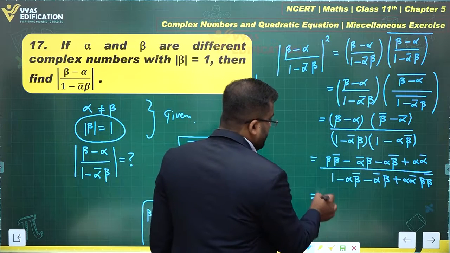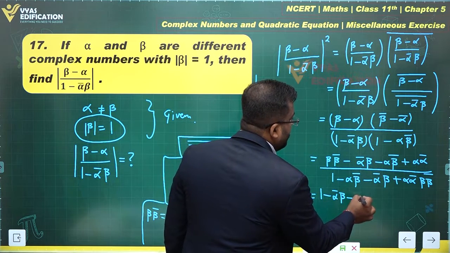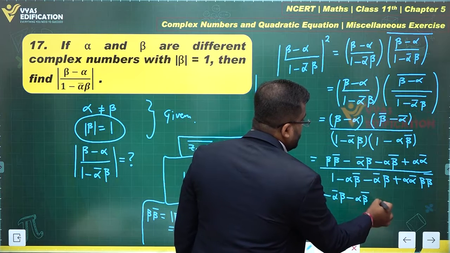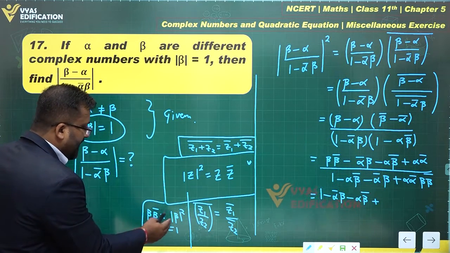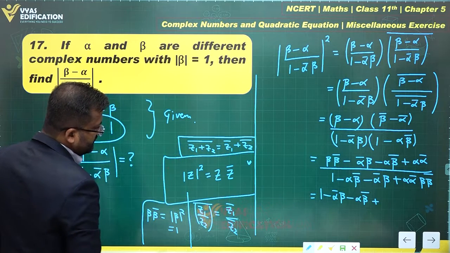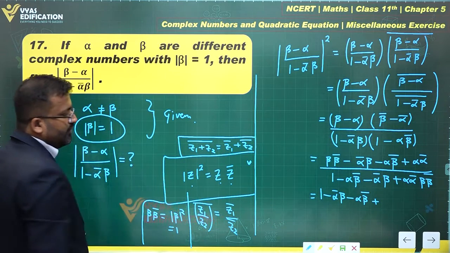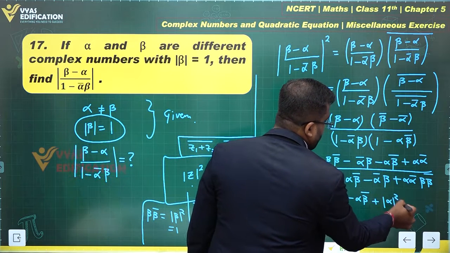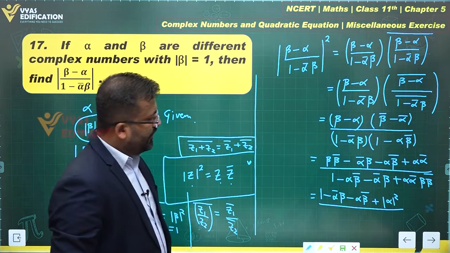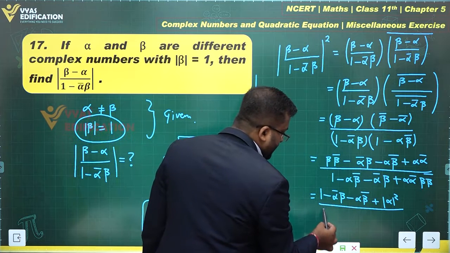So this becomes 1 minus alpha bar beta minus alpha beta bar plus this. What is this? Alpha bar would be actually equal to mod alpha square. So this is mod alpha square over, what do we have over here, observe this is a 1.